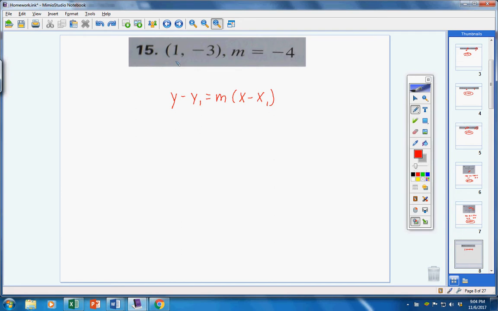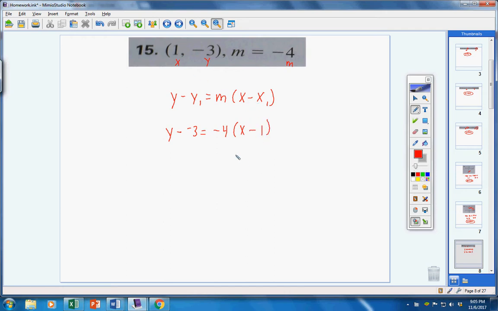Okay, students, here's my x, here's my y, here's my m. So, y minus, I put a negative 3 in, equals m, negative 4, and x minus 1.